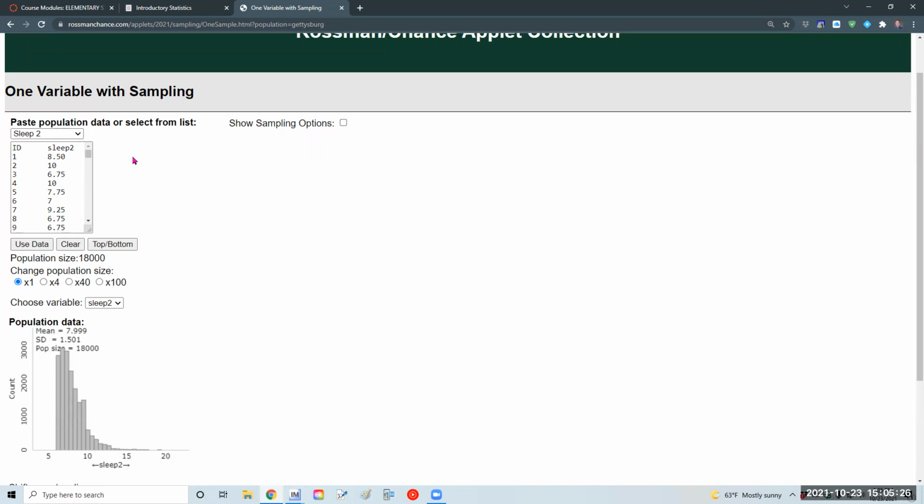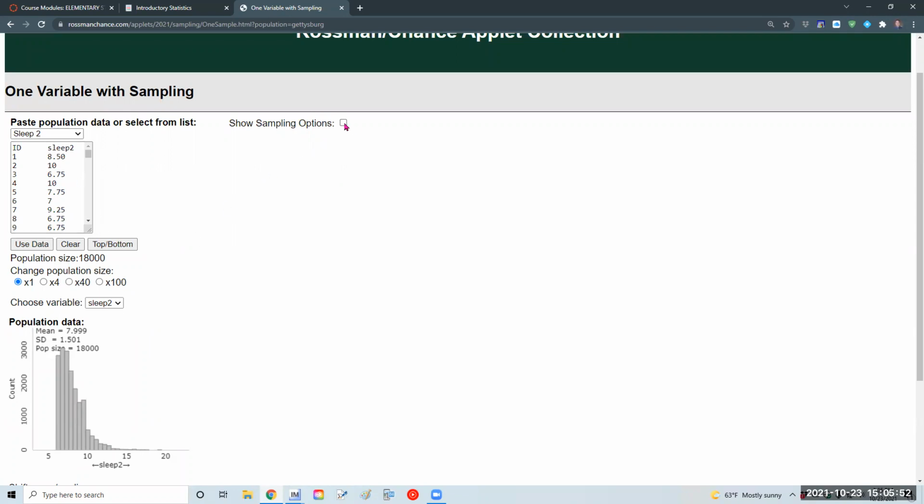I don't know a lot about the data, but this could also be just the number of hours of sleep that the population got on one particular night. And down here, we see a histogram, which is a graph of the sleep data, the number of hours.